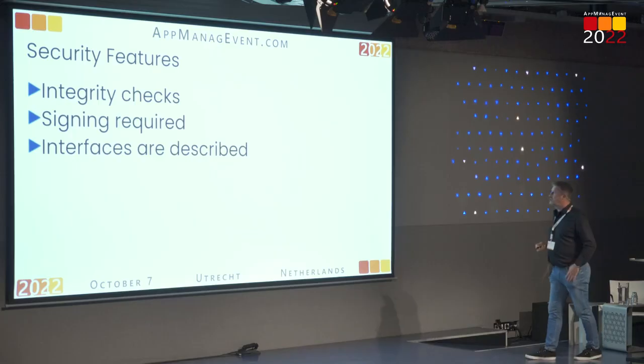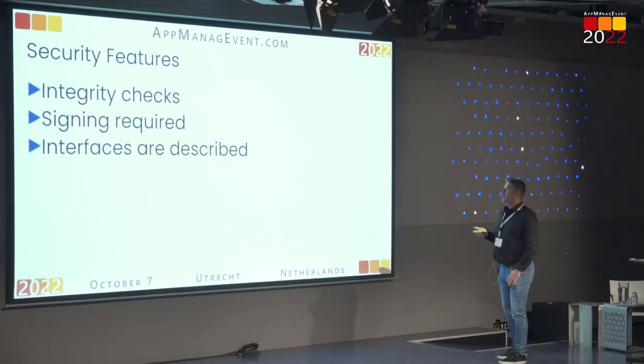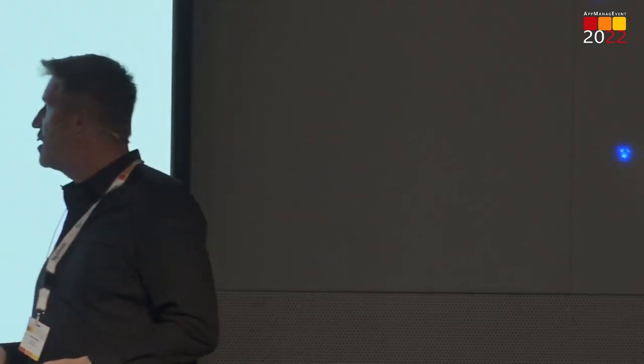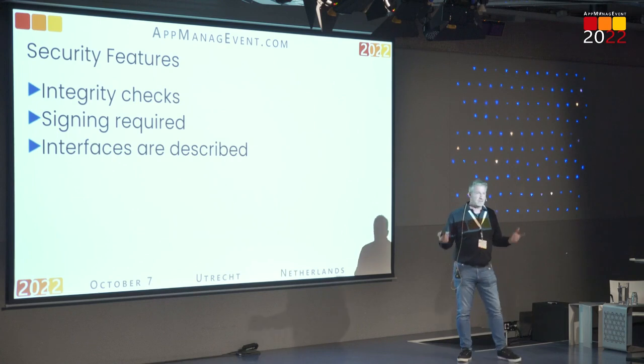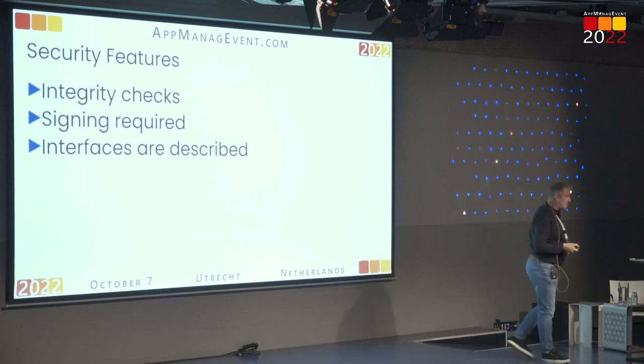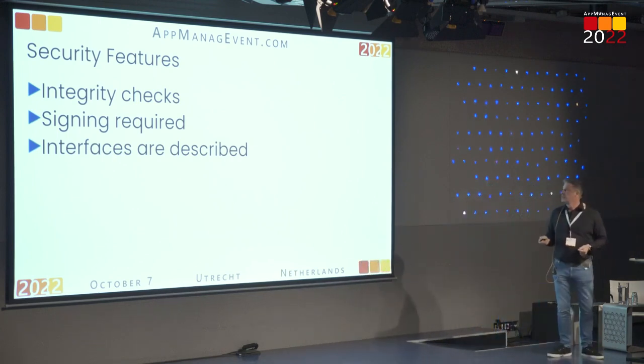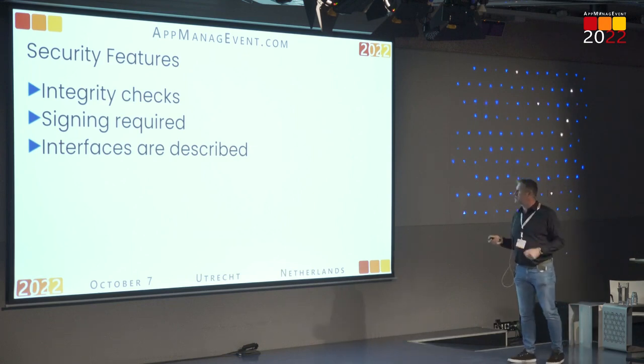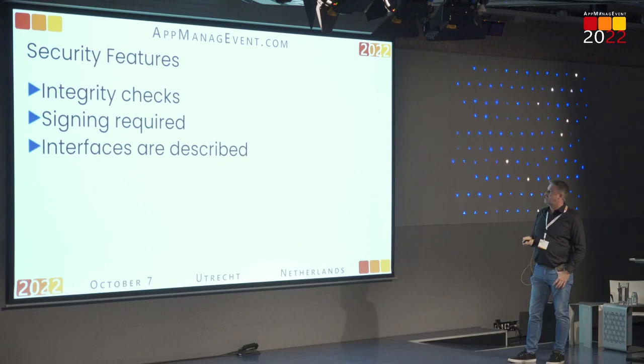Yeah, just a quick note on the security features. We have an integrity check. In your app manifest file, you can set a feature that says every time the application is started, it will check if the files have been modified, and it will reset the application automatically. So you are sure nobody can modify your executables inside your MSIX package.